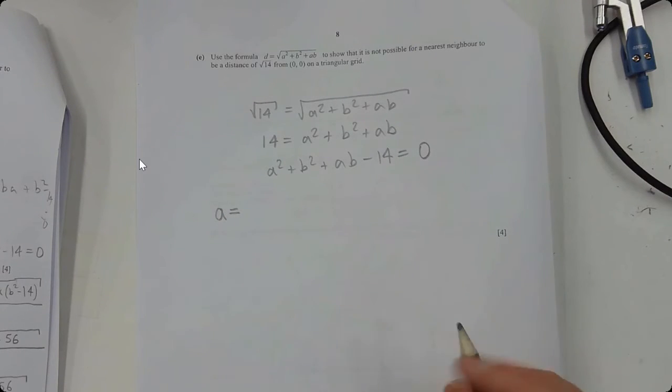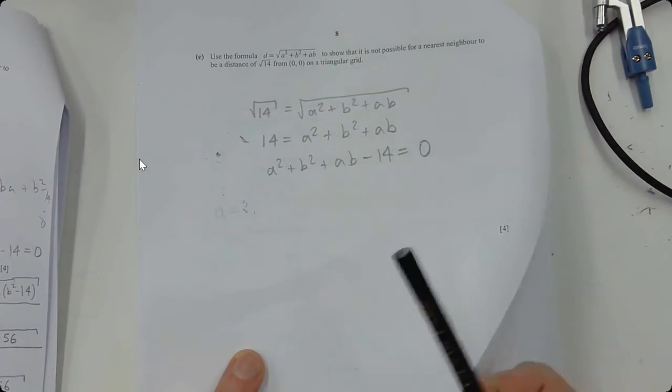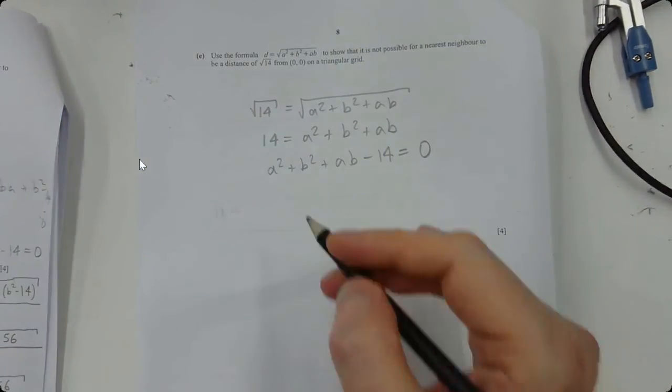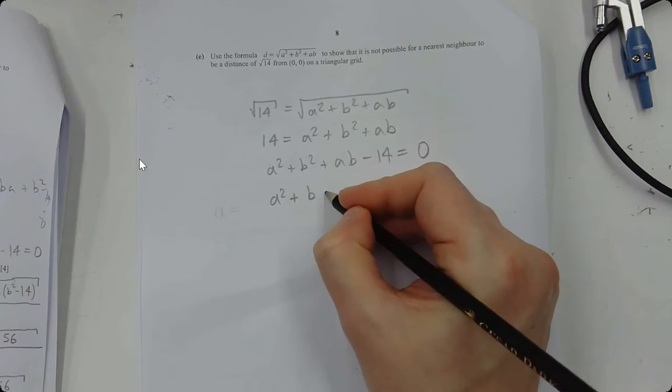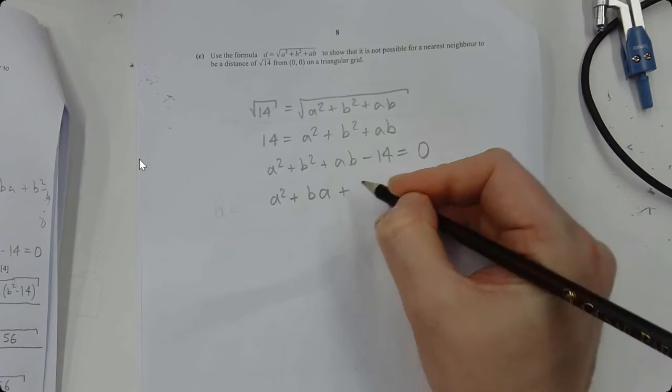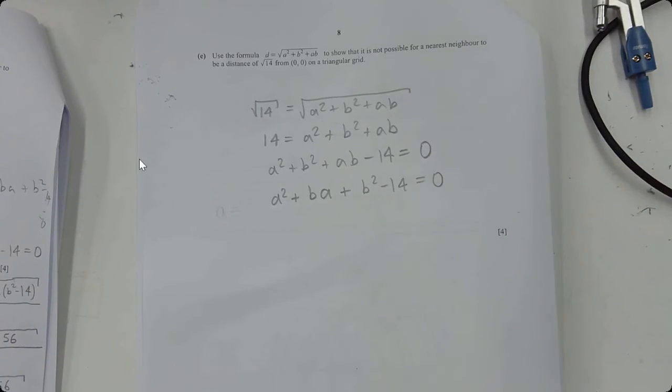So if I do that, I'm just going to rearrange this slightly. So A squared is like my x squared. So I've got A squared plus, I'm going to rewrite it as BA, and then plus the rest of it is the constant. So it's kind of in this form.